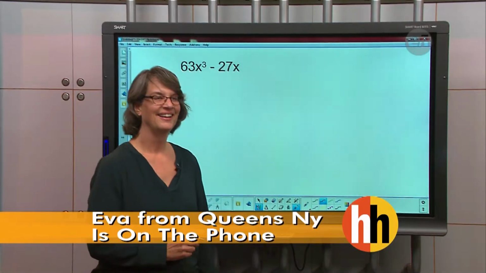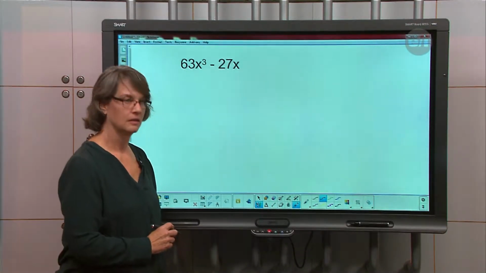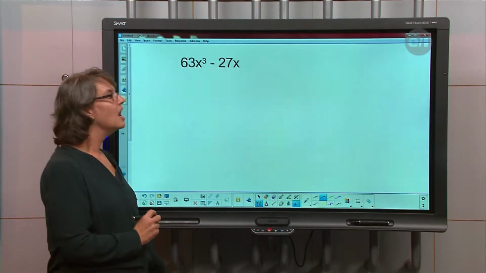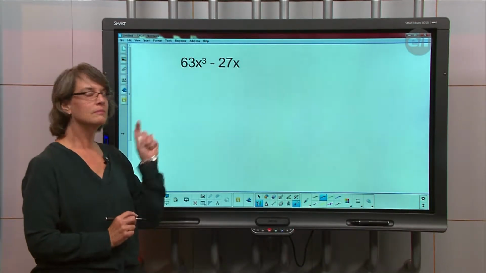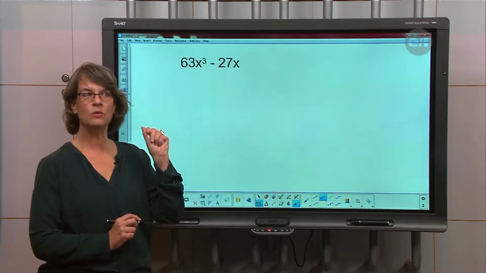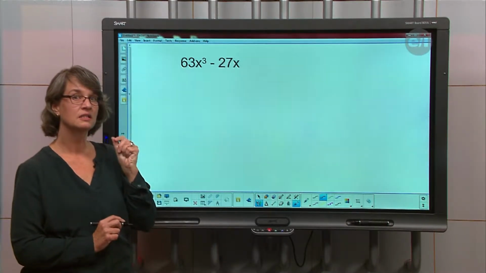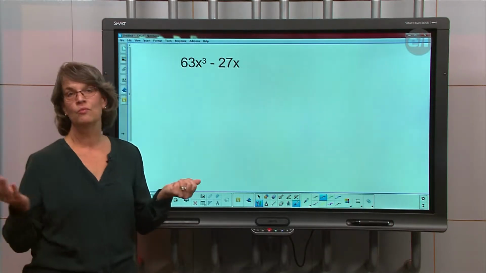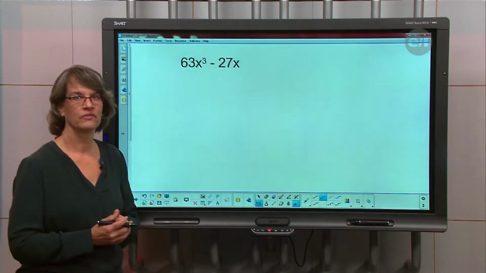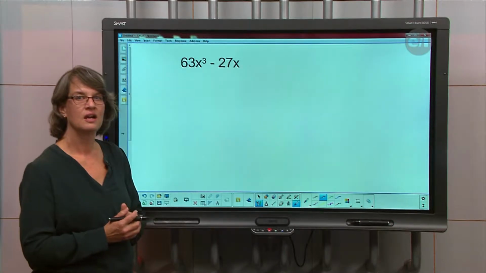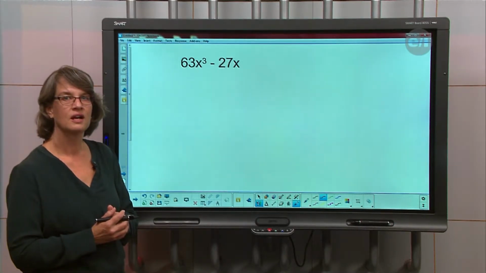So it's a common factor out each expression. Okay. And it's 63x cubed minus 27x. Yes. Okay. All right, so what did your teacher teach you to do? So I'd have to first draw a factor tree.